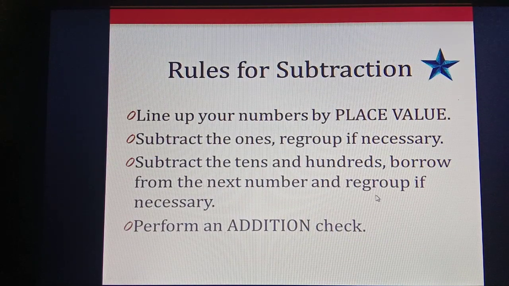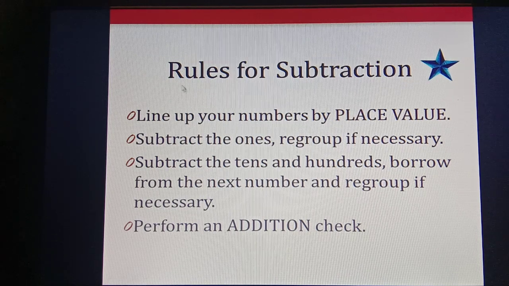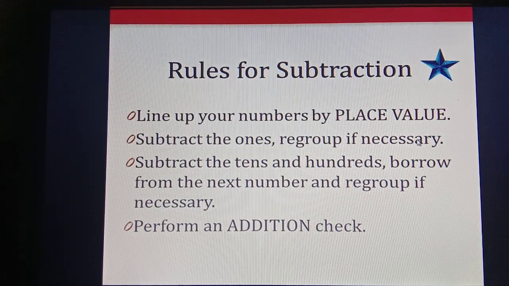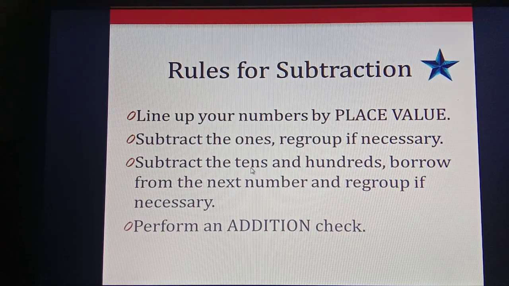Here are the rules of subtraction. It is also the same as the rules of addition. First line up numbers by place value, then subtract the ones and regroup if necessary. Regroup if necessary means if you have borrowed any number, then you have to subtract it from the place from where you have borrowed, and you have to add the borrowed number to the place for which you have borrowed.